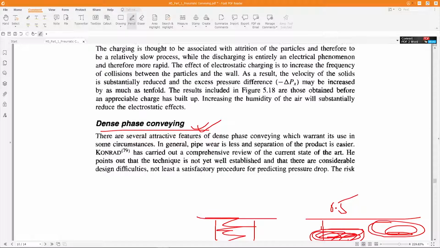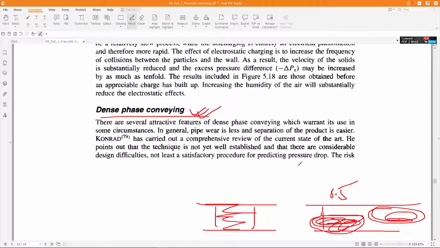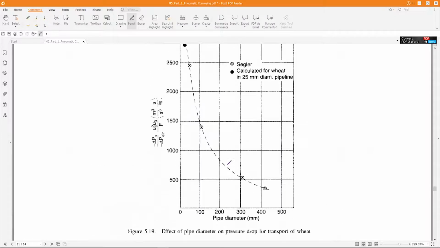There are not very well established equations to predict the pressure drop. You have to do experiments for each problem separately to calculate the pressure drop and the solid velocity. This was the graph of pressure drop versus diameter variation from earlier.